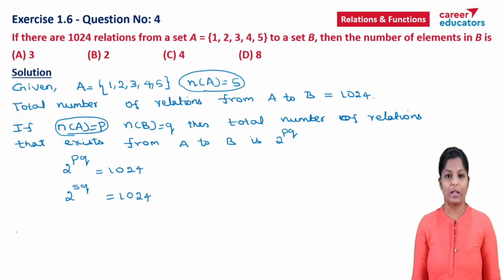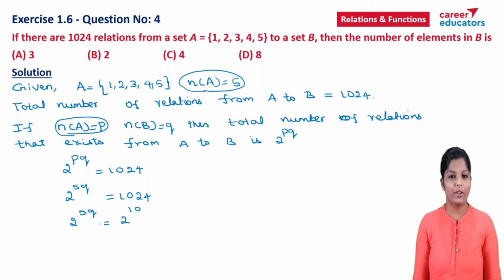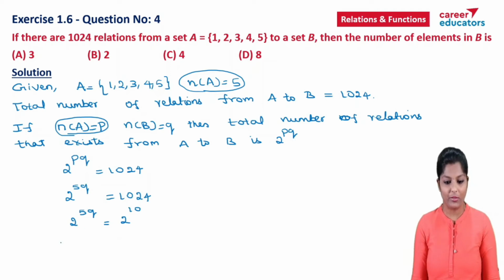Next, we have to write 1024 with the base of 2. We will get 2 power 5Q equal to 2 power 10. Since the base value is the same, we can equate the powers. If we equate the powers, we will get 5Q equal to 10. Next, Q equal to 10 divided by 5.